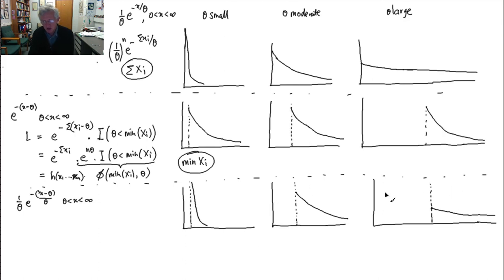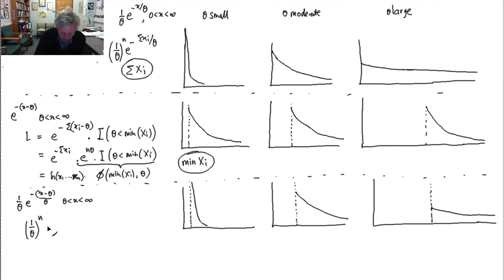So this distribution is translated, so there's a cutoff. The distribution doesn't start until theta, just like the second one, but also the spread is being affected by theta as well. And given that, you might have some intuition now about what the sufficient statistics might be in this case. But let's just write down what the likelihood is. We get a 1 over theta to the n.